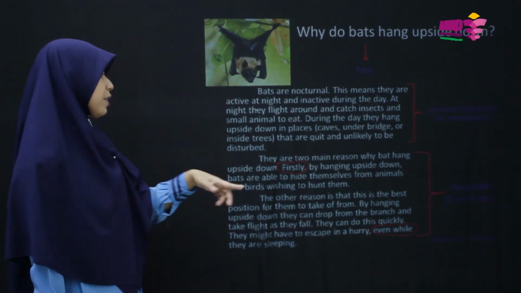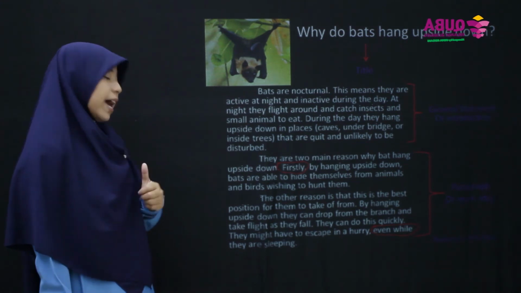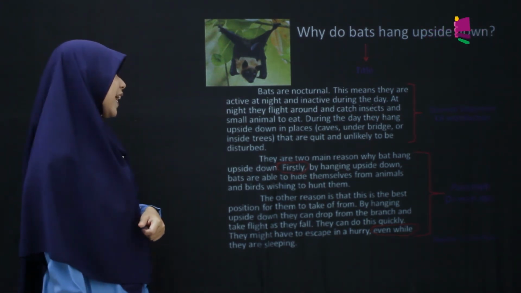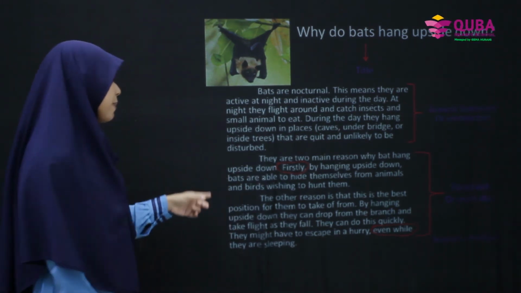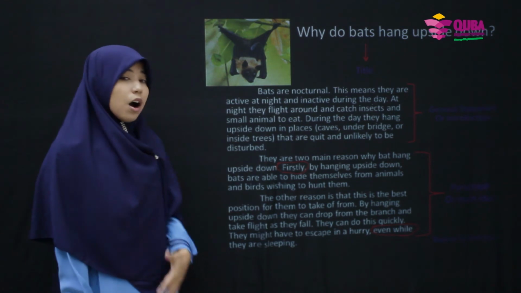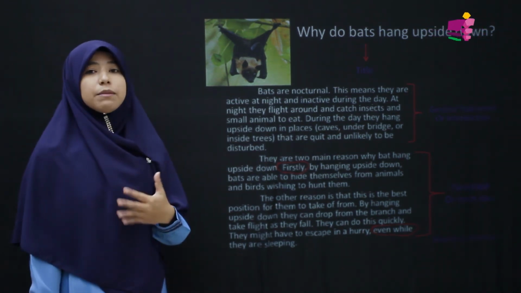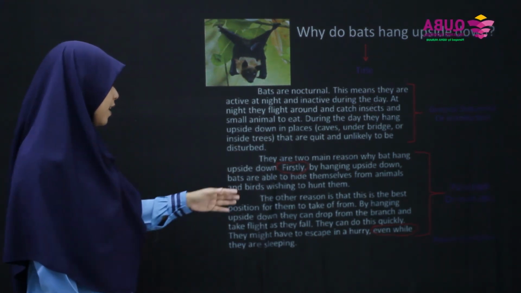Okay, let's read it together. There are two main reasons why bats hang upside down. Firstly, by hanging upside down, bats are able to hide themselves from the animals and birds wishing to harm them.